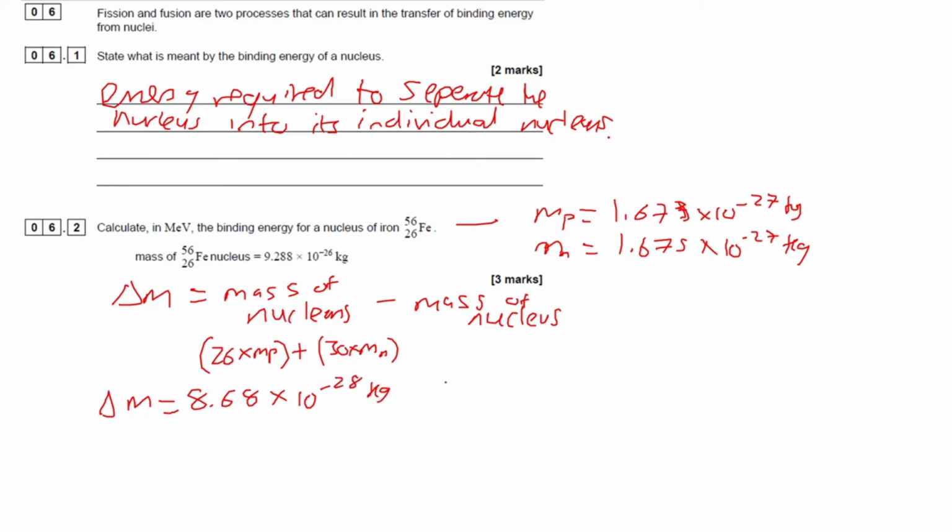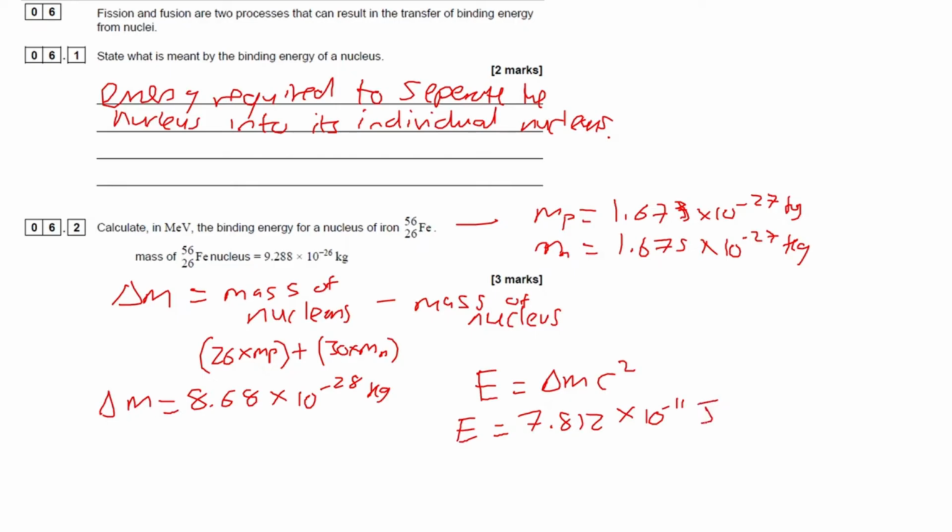So to now work out the binding energy from this mass difference, we use E equals delta m c squared, and again, data sheet for c, 3 times 10 to the 8, you should get the energy in joules to be 7.812 times 10 to the minus 11 joules.